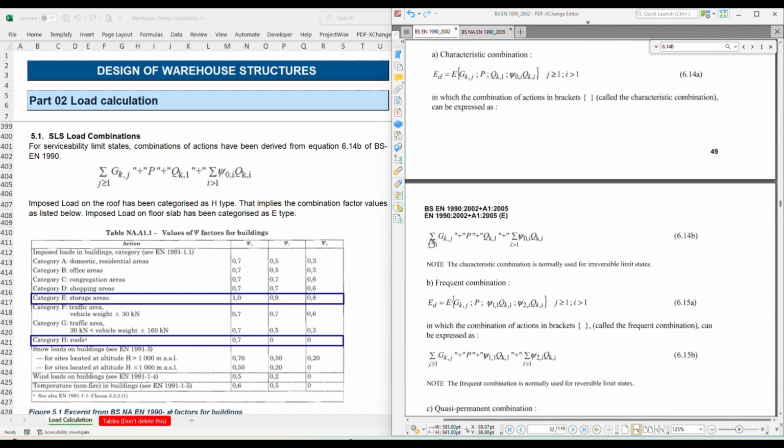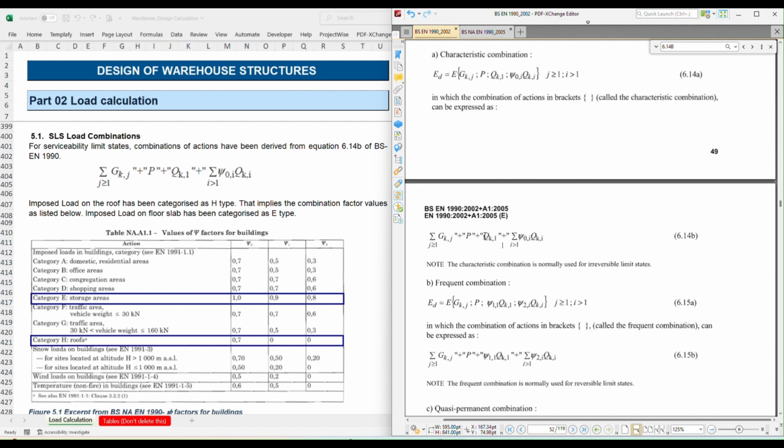You can see the equation: sigma Gk, P plus Qk1, Qki sigma. Gk is a permanent load or permanent action, for example dead load or self weight, and P is a pre-stress load, which is not applicable for this warehouse as we are dealing with steel structures.